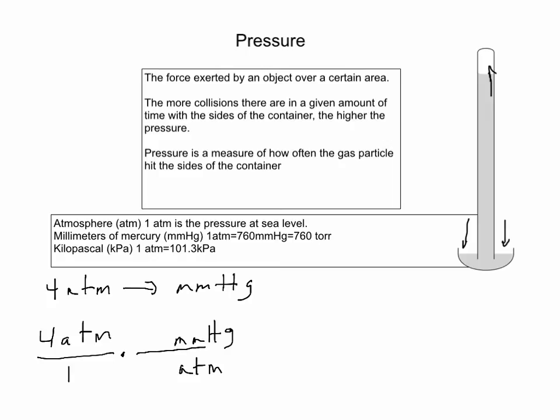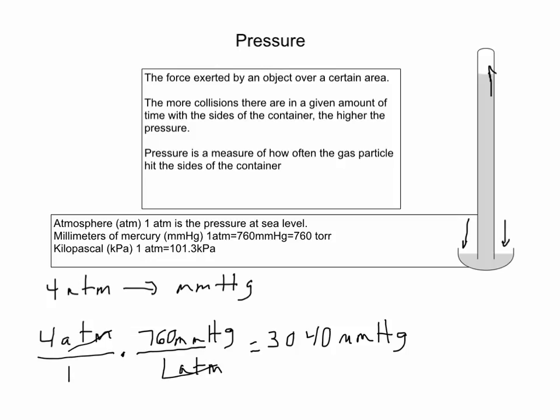Well, 1 atmosphere is how many millimeters of mercury? Well, 1 atmosphere is 760. And I do this out, ATM cancel out, and I get 3,040 millimeters of mercury. And that's really all there is to converting pressure units.